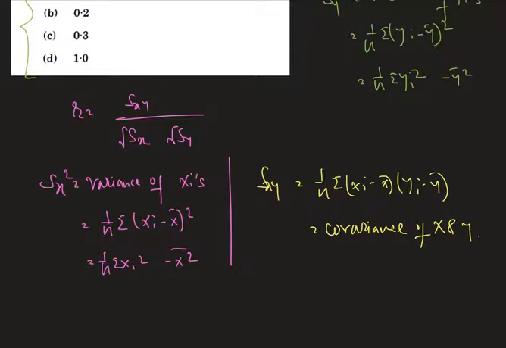This can also be written as 1 by n sum over xi yi minus x bar y bar.